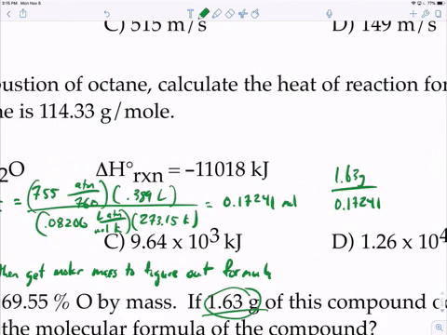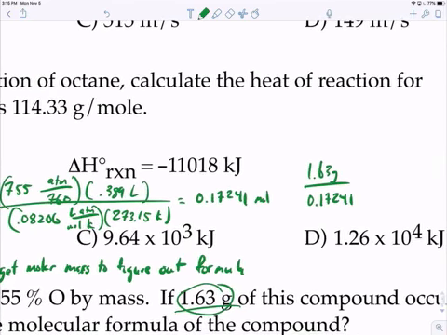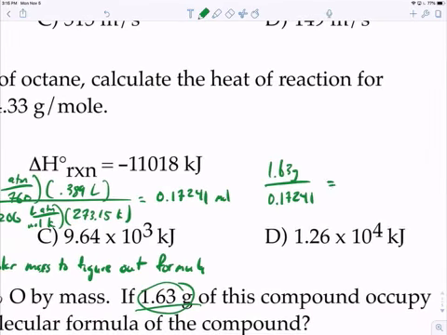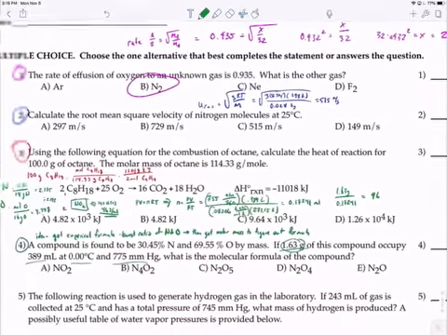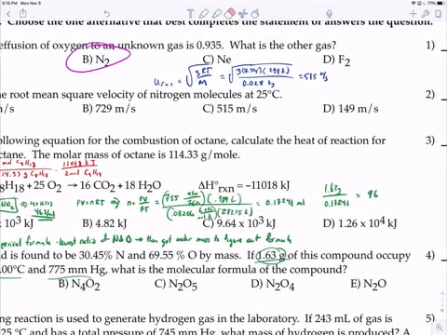So 1.63 divided by that answer, and we get 96 for that. And actually, no, we get 92. Sorry. Well, we actually get 94.5.